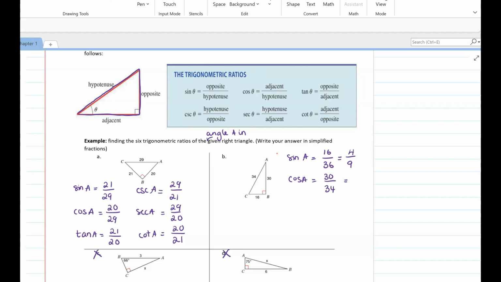Excuse me, inside of A, we have 34 instead of 36. So in that case, we have to simplify it by 2. And we simplify the cosine by 2 as well. Then tangent of A equals the opposite divided by the adjacent.